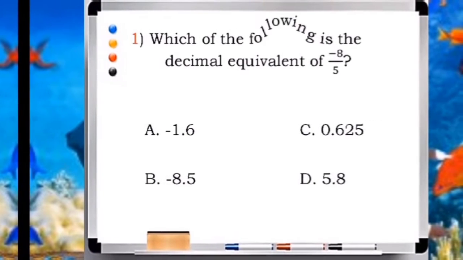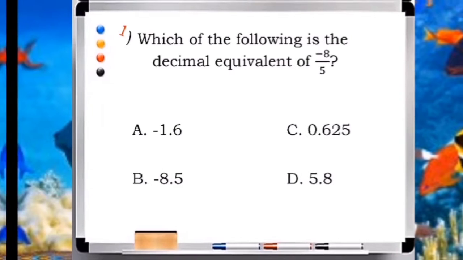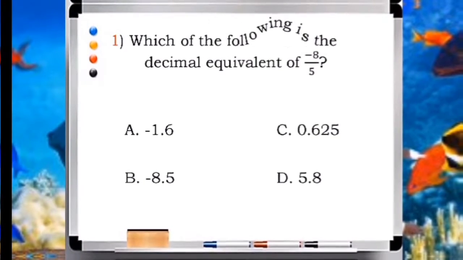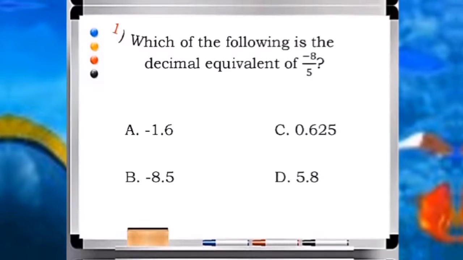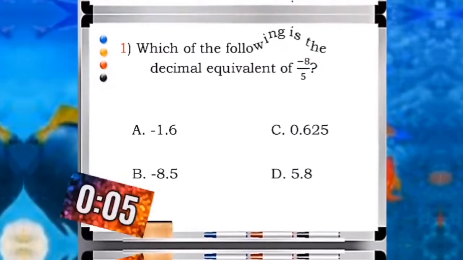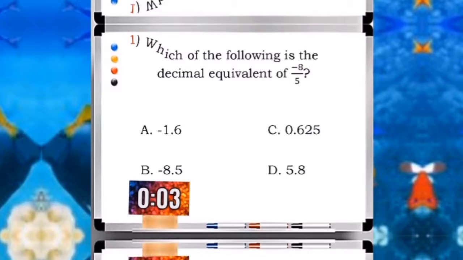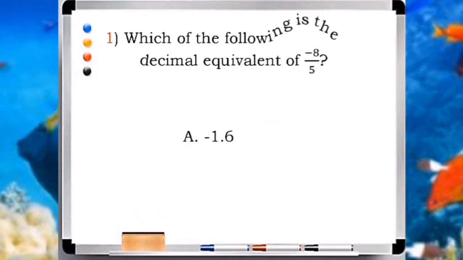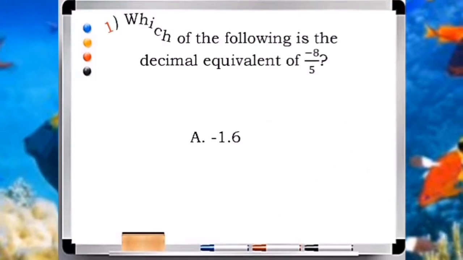Letter A, -1 6/10. Letter B, -8 5/10. Letter C, 625 thousandths. And letter D, 5 8/10. Your time starts now. Time is up. If your answer is letter A, very good, you're correct.